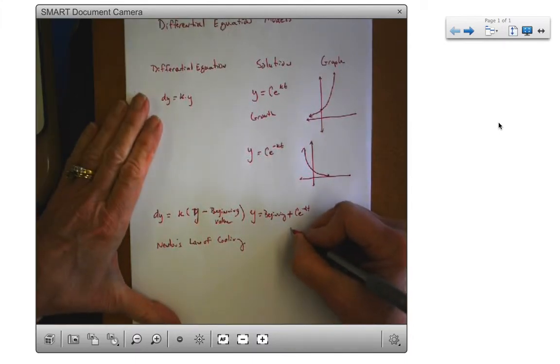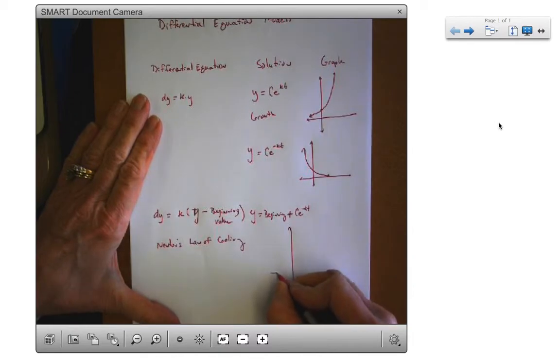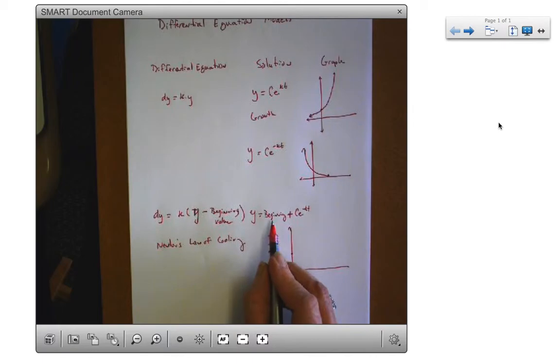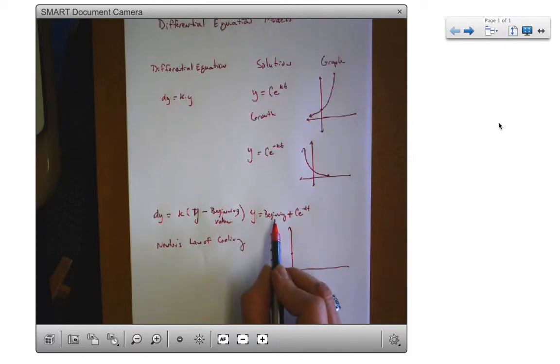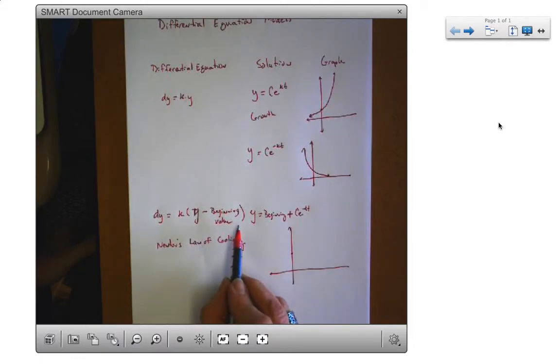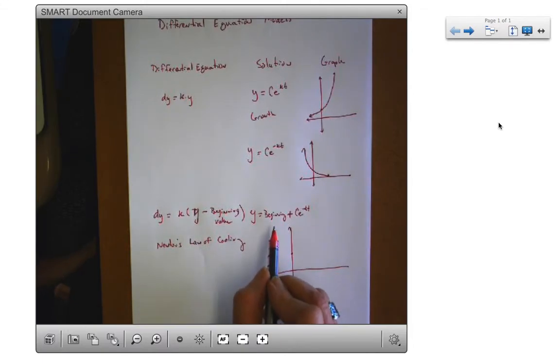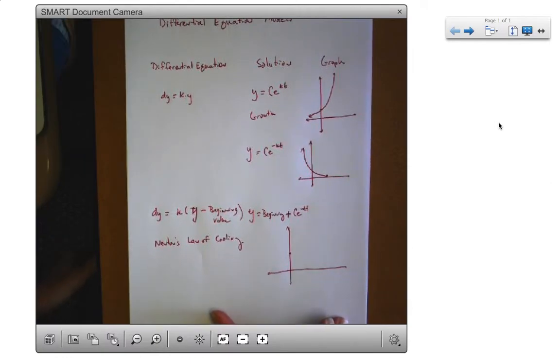And we know, because it's Newton's law of cooling, here's our beginning value, our surrounding temperature or beginning temperature, current temp. Whatever the number is in this part of the differential equation is going to be the number that's at this spot when you write the solution.